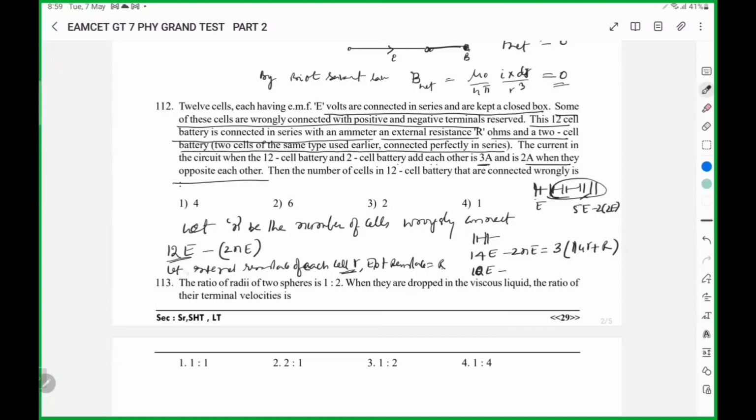Of the 12 cells, n of them are wrongly connected and the 2 are also wrongly connected. 10E minus 2nE is equal to 2 times 14 r plus capital R.